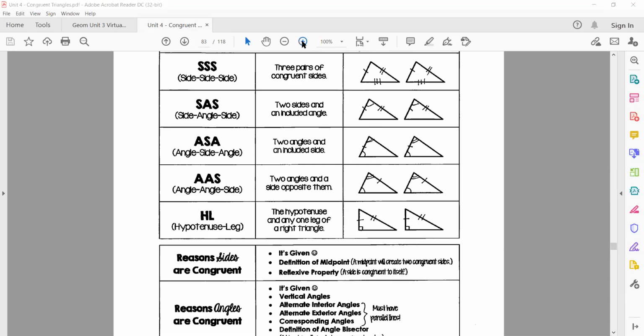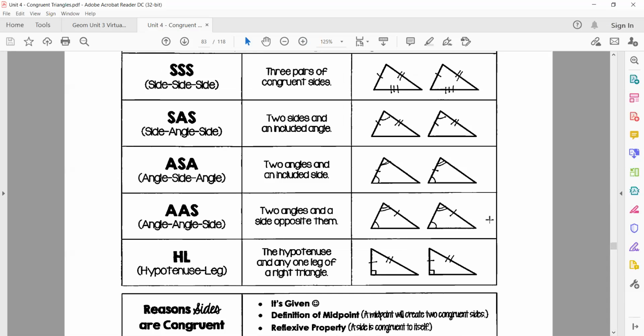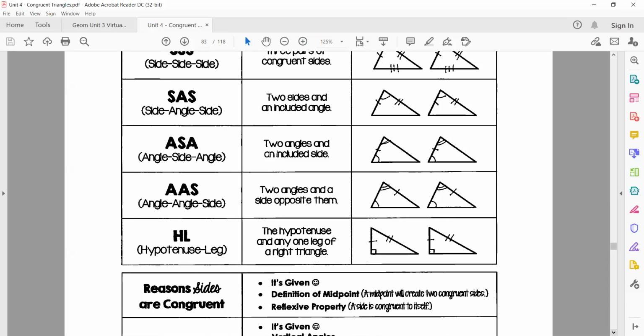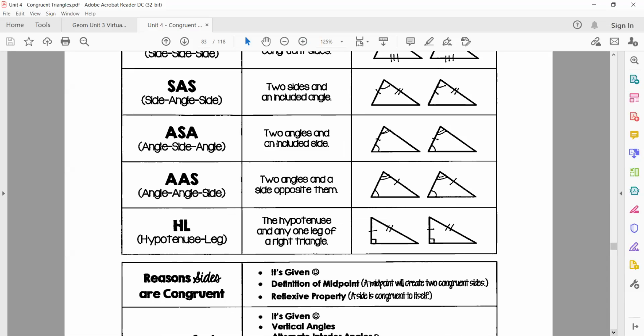Read the fine print. A midpoint will create 2 congruent sides. Great. So if this were to happen on 2 triangles that we're looking at, now we've got 2 sides that we could say are congruent. So we either need an angle or we need another side to show for certain that 2 triangles are congruent.